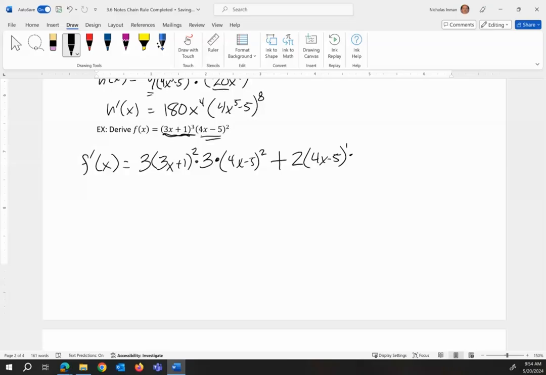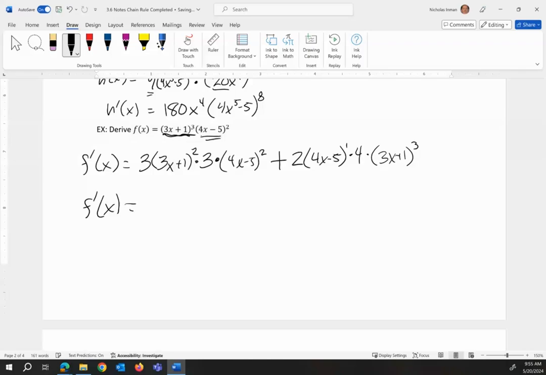So 4x minus 5, that derivative is just 4. So the product rule says the derivative of the second thing times the first thing left alone. All right, so that is our derivative.